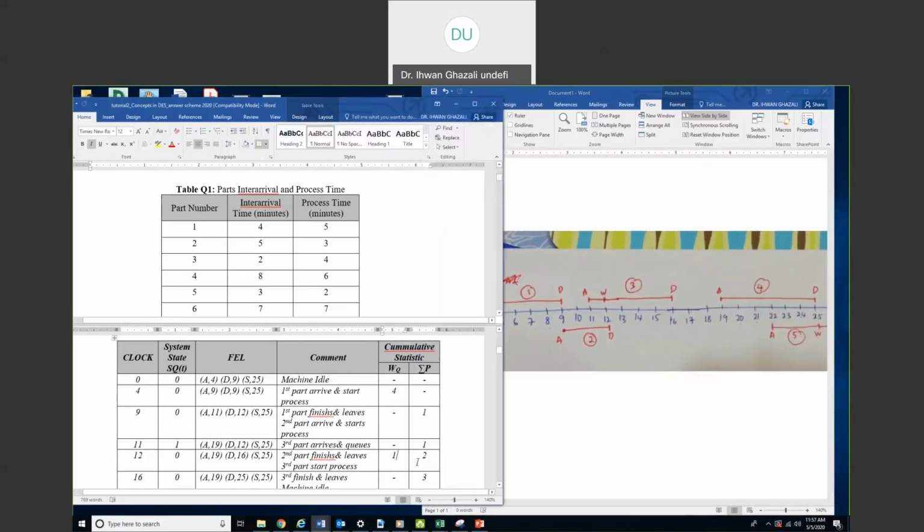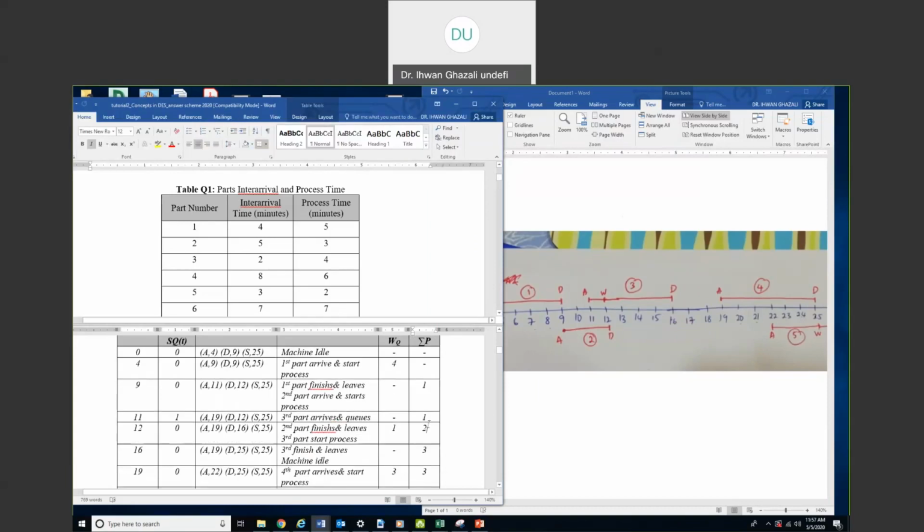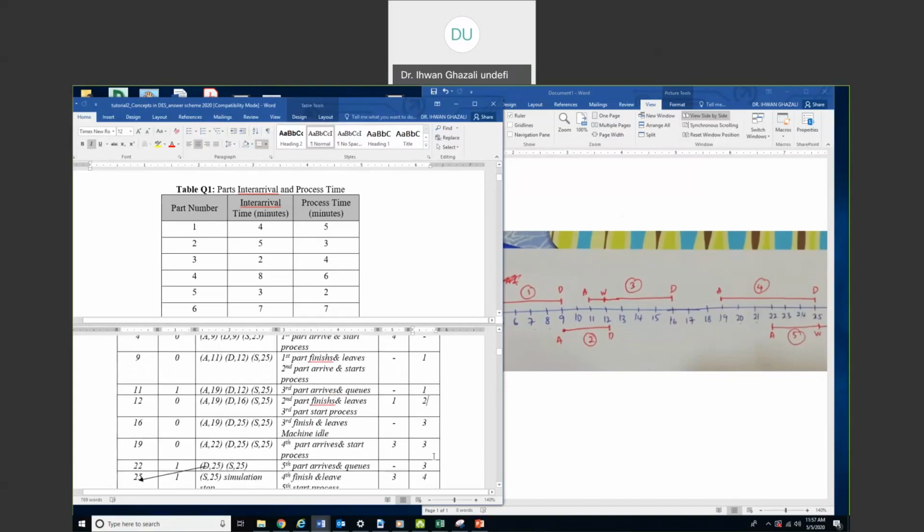Okay. And then this one is part number two finish. Now part two finishes. Okay, already part here. Then for the next one, here is for part three.